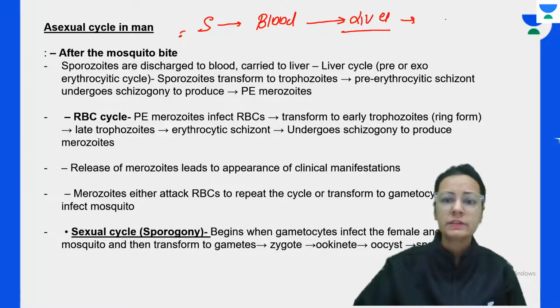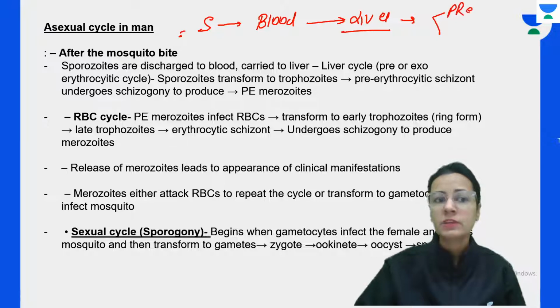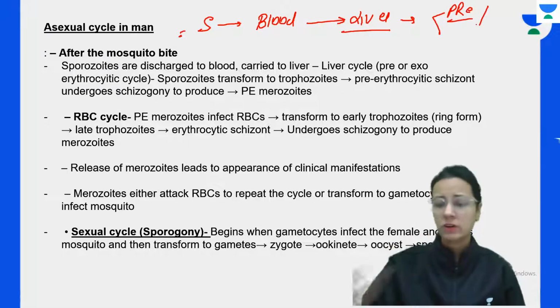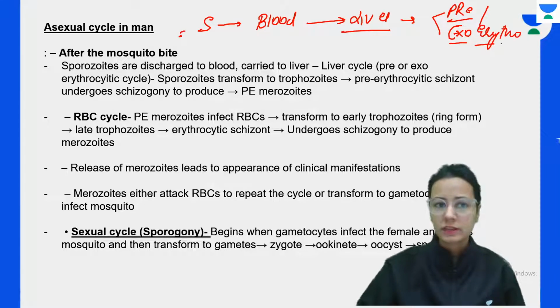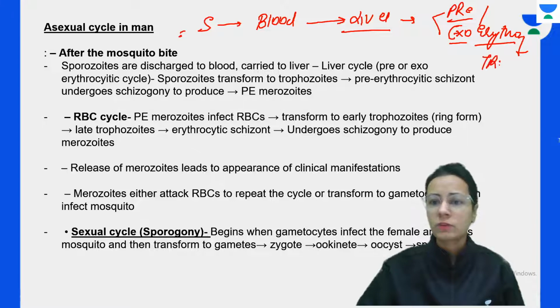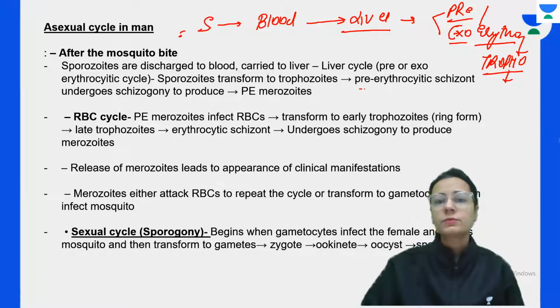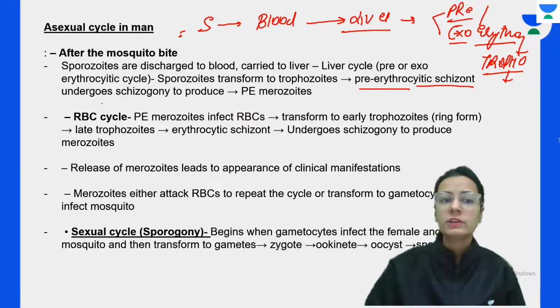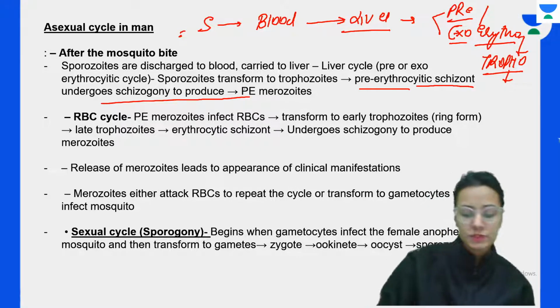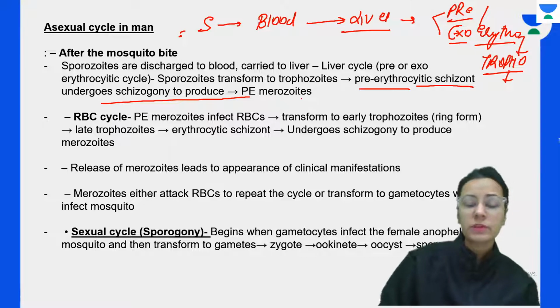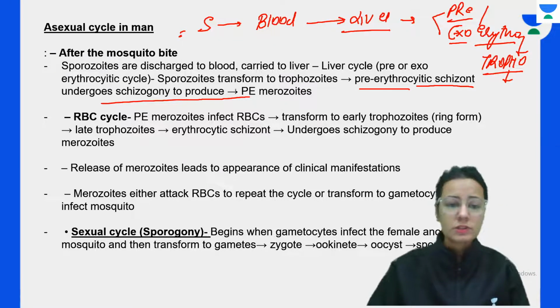In the liver they undergo the pre-erythrocytic cycle, or exoerythrocytic cycle. The sporozoites transform into trophozoites, then into the pre-erythrocytic schizont, undergoing schizogony to produce merozoites. What is the life cycle?